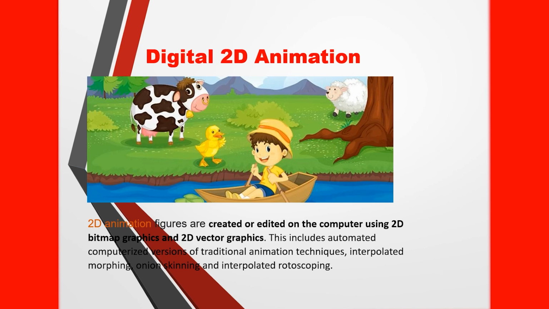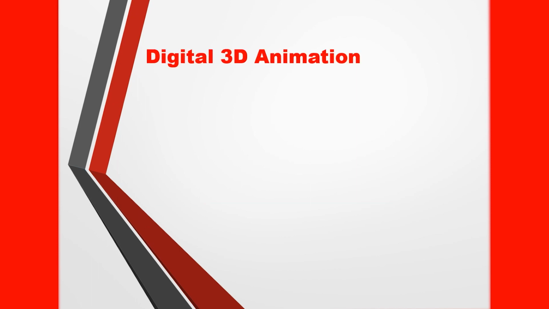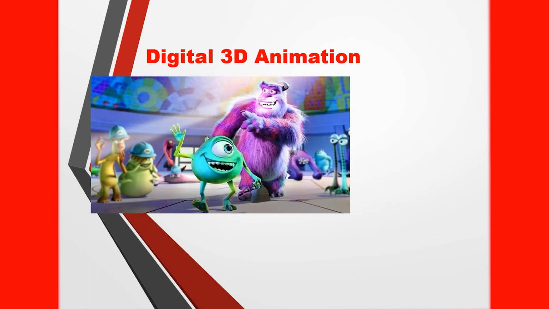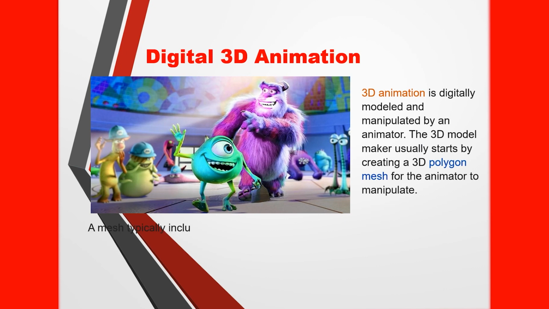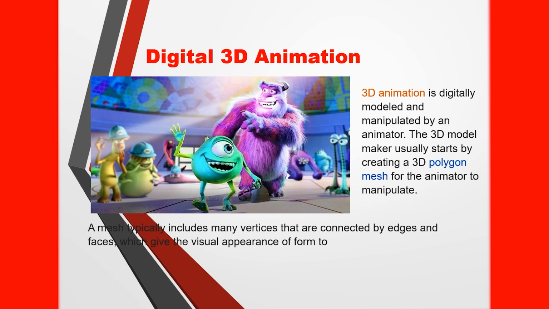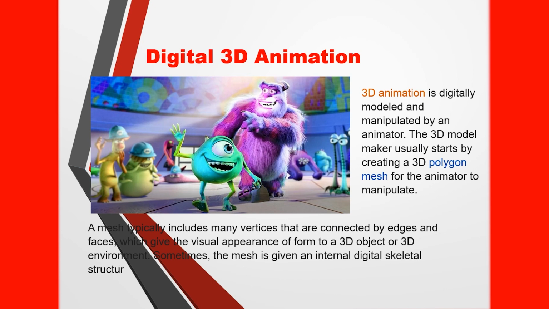The next type is 3D animation. 3D animation is digitally modeled and manipulated by an animator. The 3D model maker usually starts by creating a 3D polygon mesh for the animator to manipulate. A mesh typically includes many vertices that are connected by edges and faces, which give the visual appearance of form to a 3D object or 3D environment.